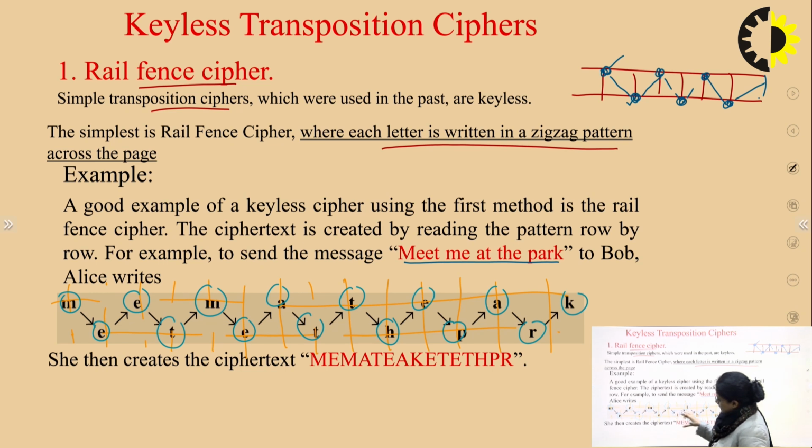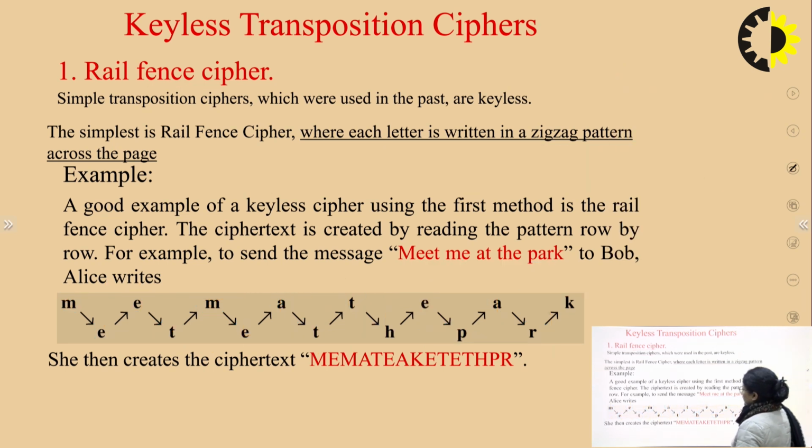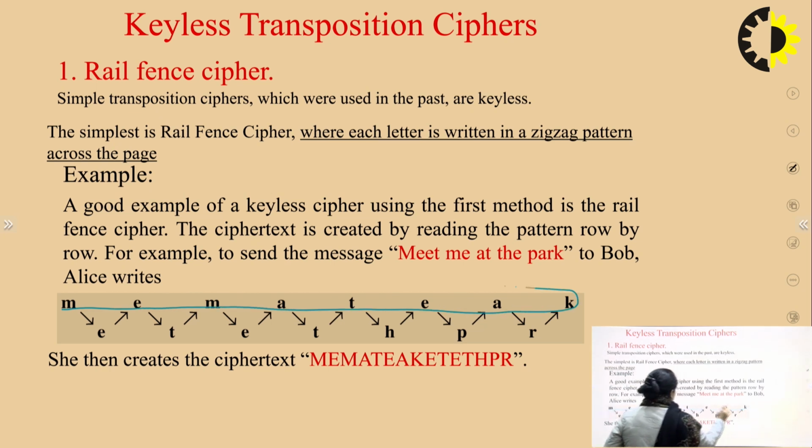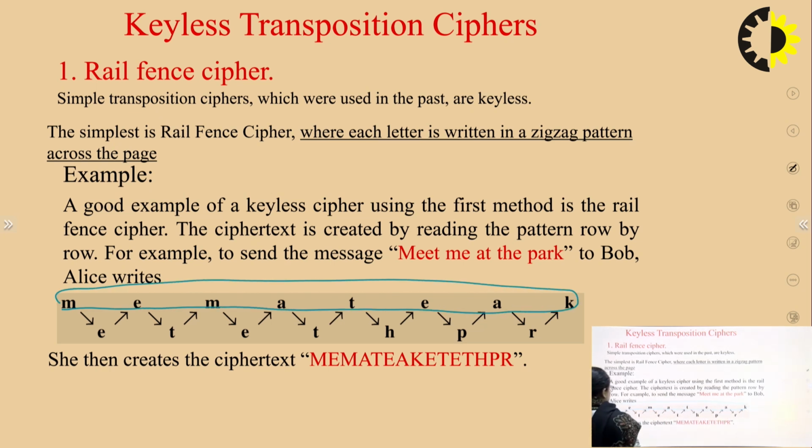Once the letters are placed in a zigzag manner, assuming the look of the track of a railway line, next we read the text row wise. As we are doing the encryption, read the first row, whatever letters come in the first row.